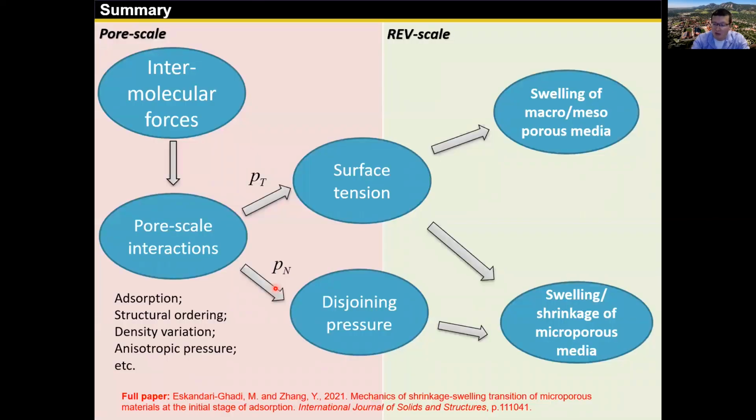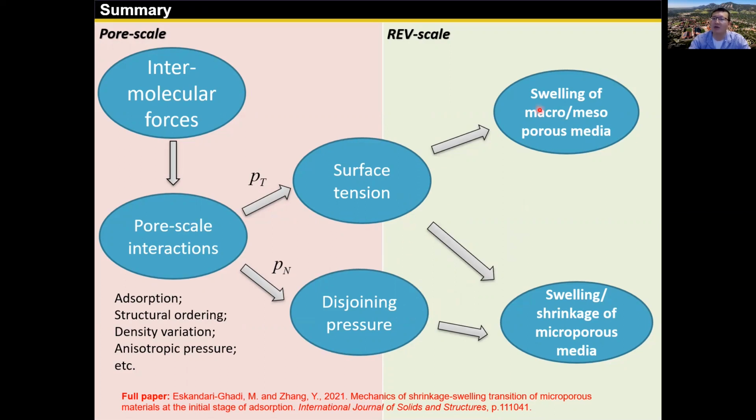So in summary, our model started from intermolecular force considerations, and then we consider the structural ordering and density variation near the pore walls in a micropore. And because of that, additional forces generated by this interaction are surface tension and disjoining pressure. For larger pores, the effect of disjoining pressure can be neglected.